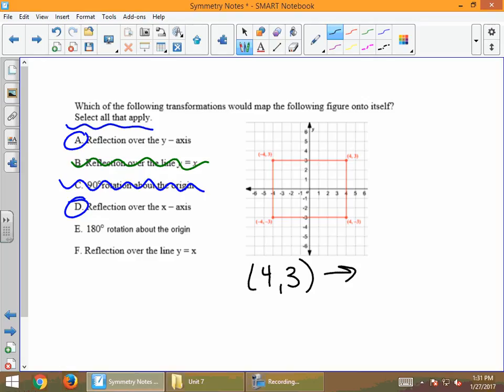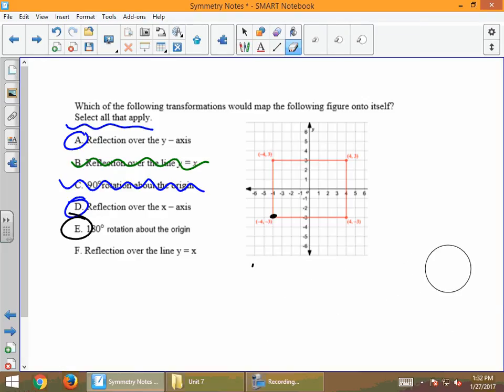What happens to the sign? They just switch. So let's plot -4, -3. Does that map up onto one of the points? Yeah. So is it going to map up onto itself? Yep. That one works.